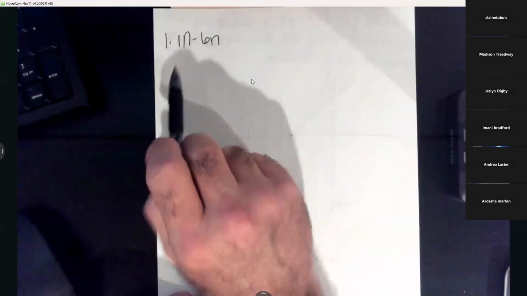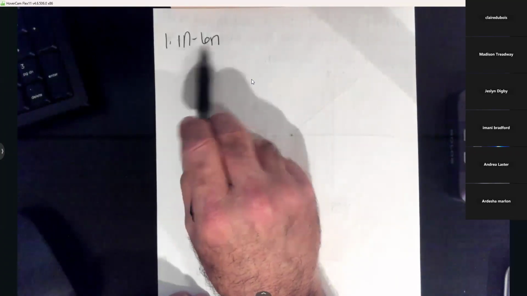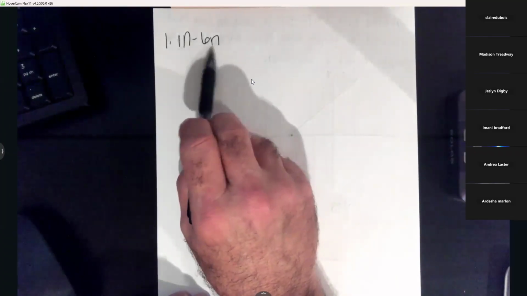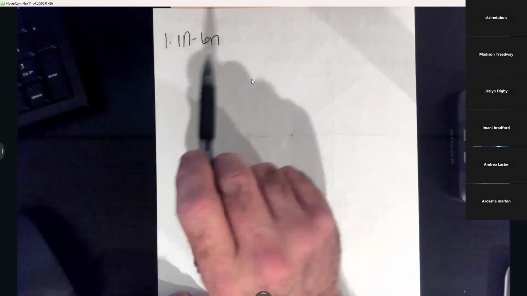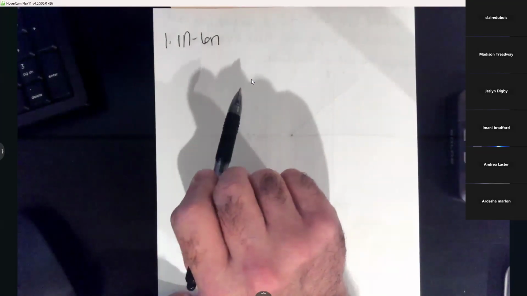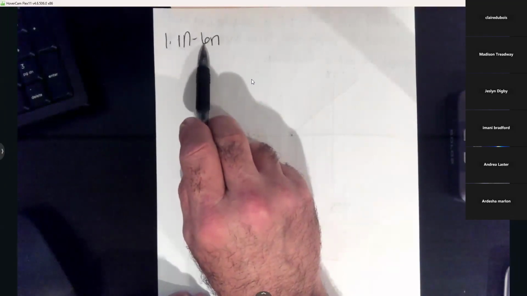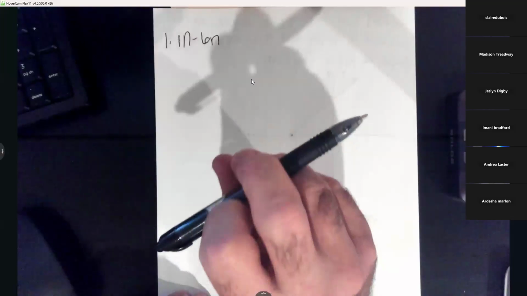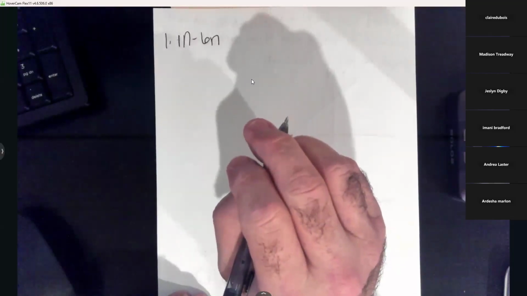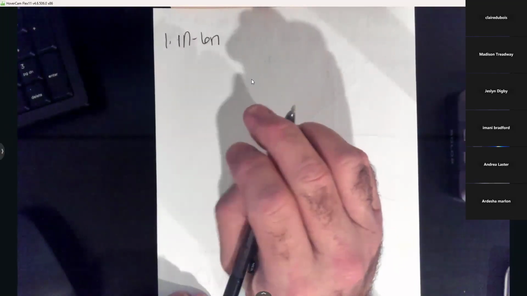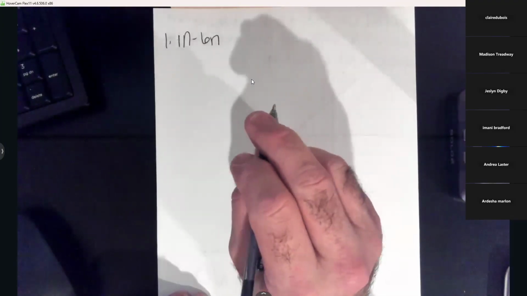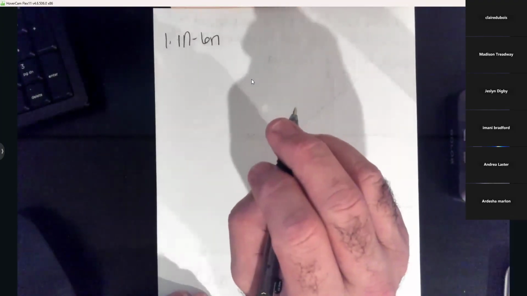So let's think about this. Since we're combining like terms, the n will stay an n, but what we've got to figure out is what that number is going to be. So what is a 1 minus 6 going to give me? Mackenzie, what you got? -5?